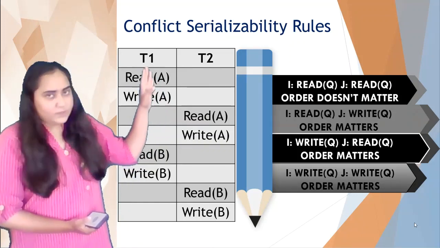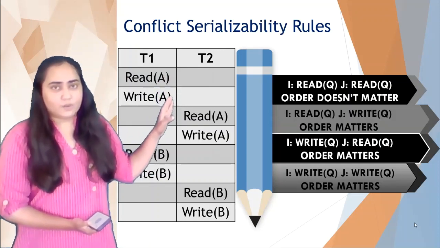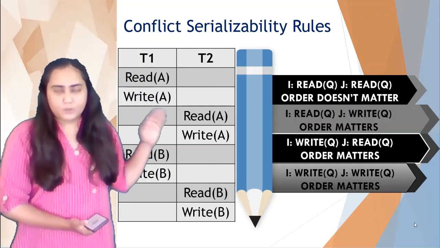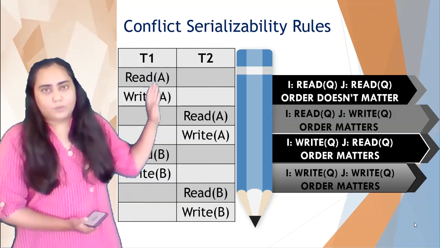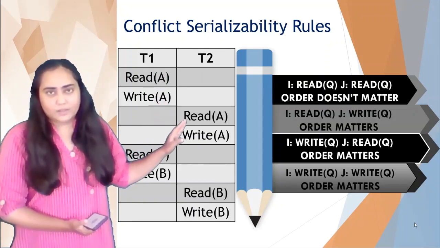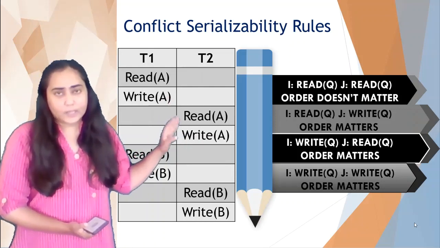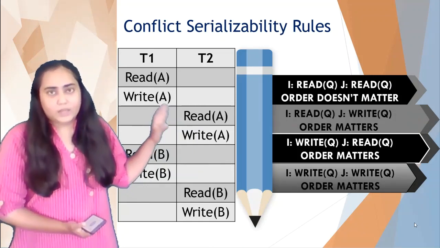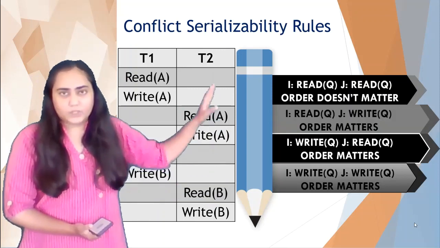That is the write A operation, and both operations belong to the same transaction, so there is nothing you can do there. But check the write A operation and the read A operation. Both belong to different transactions and are applied to the same data item. In this case, one of the rules can be applied, which is given here.